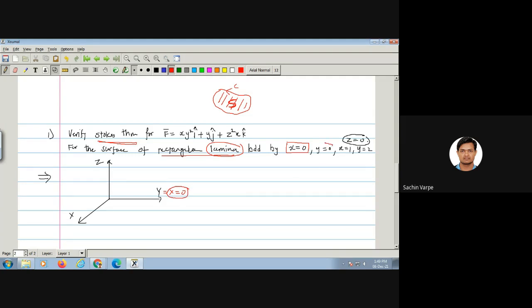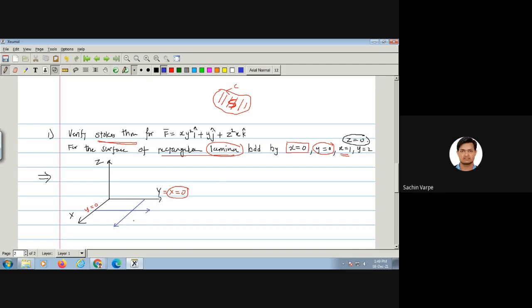And y equal to 0 means the x-axis. Now, x equal to 1 is a line parallel to which axis? Y-axis. Suppose that is this line, and y equal to 2 is a line parallel to the x-axis. So that will be like this.